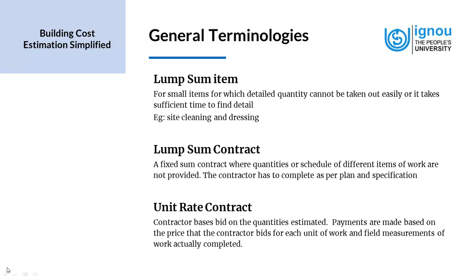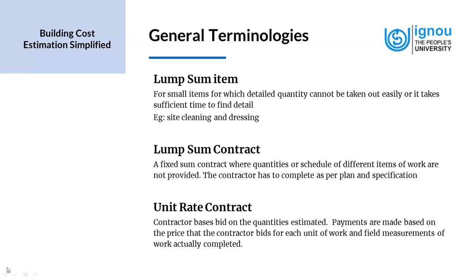When we compare lump sum contract with unit rate contract, there is a difference. In lump sum contract, the contractor and the client agree on a fixed amount mutually agreed upon, and the scope of work and the materials to be used is made clear to the contractor at the time of signing the contract.